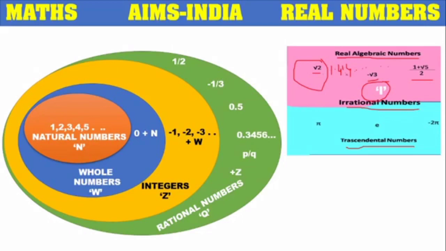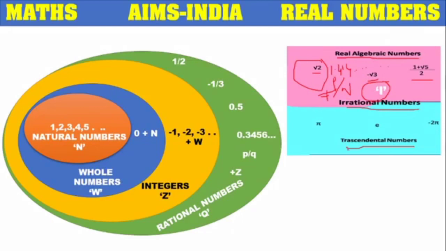So it's a decimal number which cannot be written in terms of a fraction. √2 is such a kind of number which cannot be written in the form of p/q. -√3 is also like that only. So those kinds of numbers are termed as real algebraic numbers.